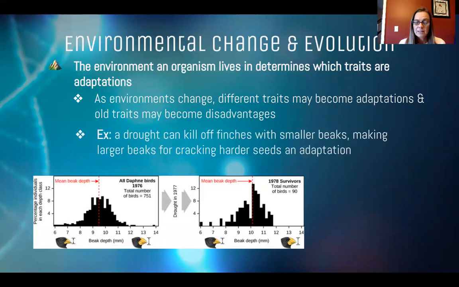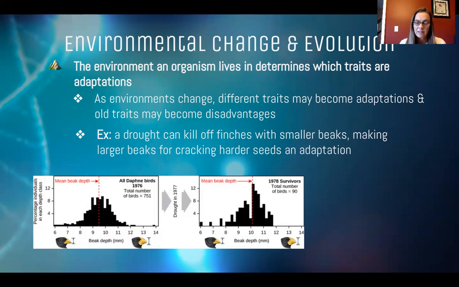You can see in our graphic here that there was a drought in 1976 or 1977. In just a 2-year span, you can see that there are far fewer birds. It went from over 700 to less than 100, but of those that survived, they have a much larger beak.